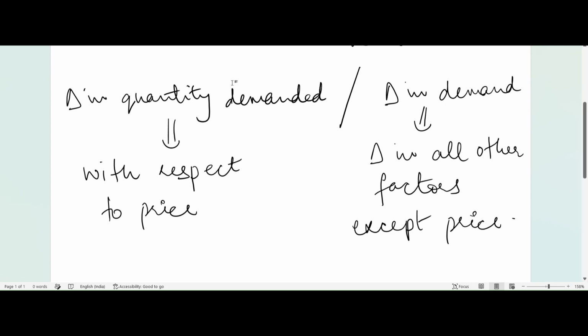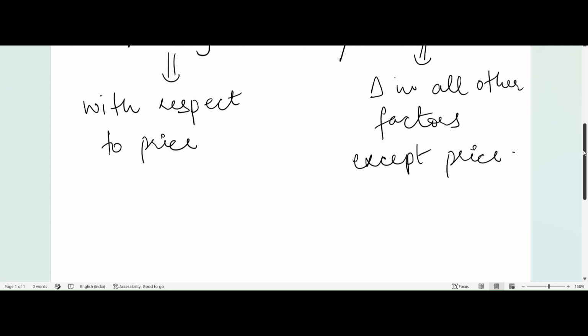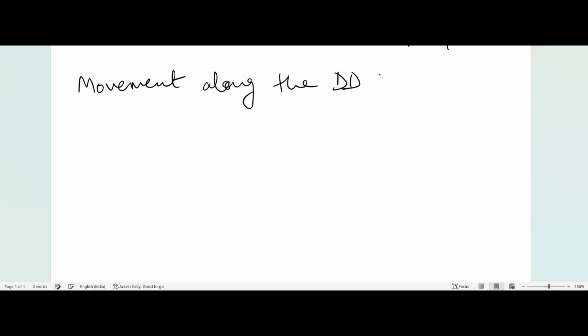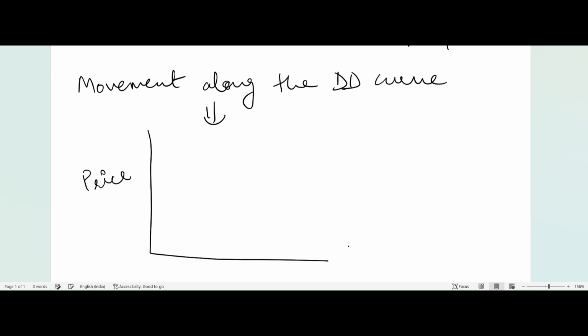Okay. Then the last thing that I really want to discuss is the movement along the demand curve. What do you mean by this? This basically refers to when I am saying that there is a change in price leading to a change in quantity demanded, right?